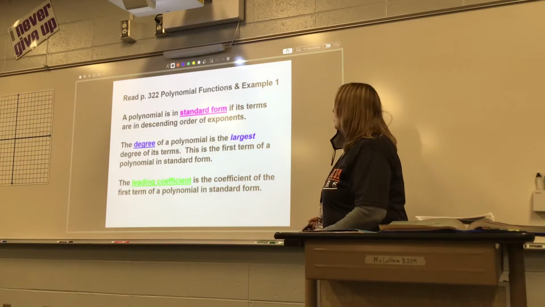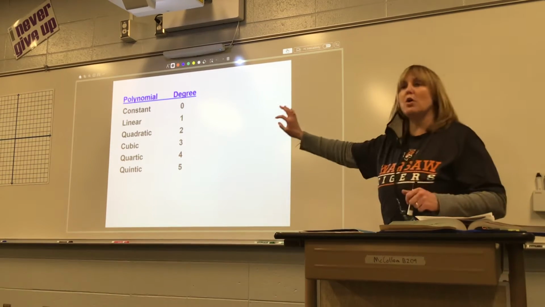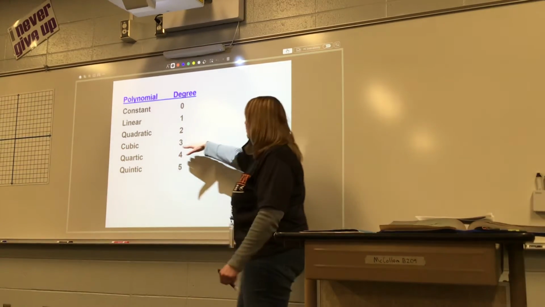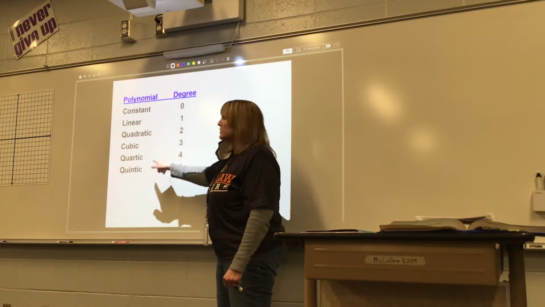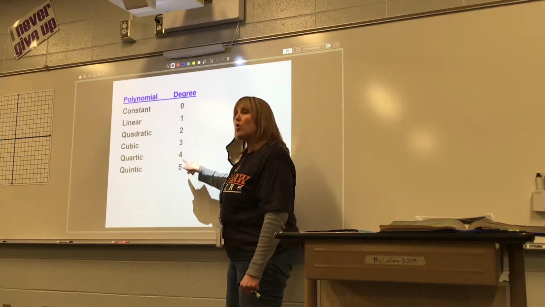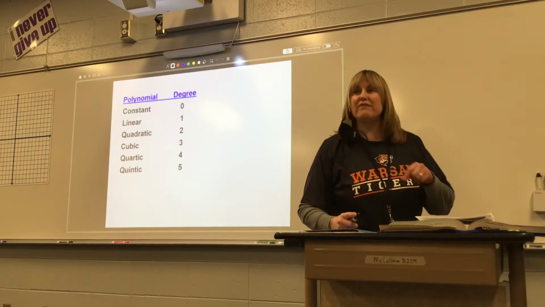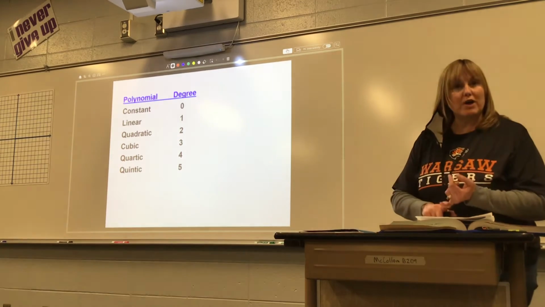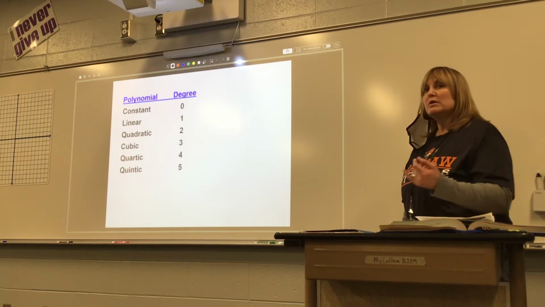And so these are the polynomials that you should know based upon the degree. The book goes through degree 3, cubic. You need to write down in your notes, you need to learn quartic and quintic. Those are degree 4 and degree 5 polynomials. You probably already know a constant function is where the degree is 0.